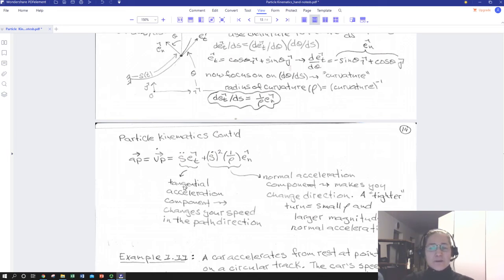Our first term is the tangential acceleration component. So this is changes in your speed in the path direction. Are you putting on the brakes? Are you stomping on the gas? It's all directed down the road, so to speak.